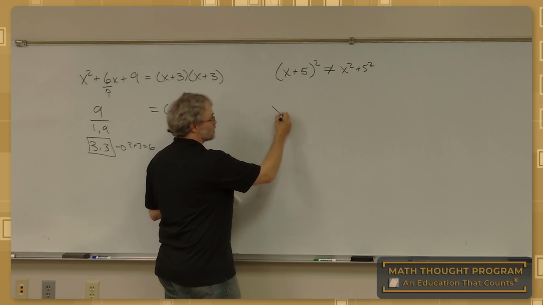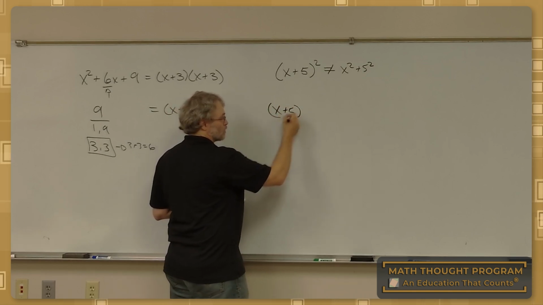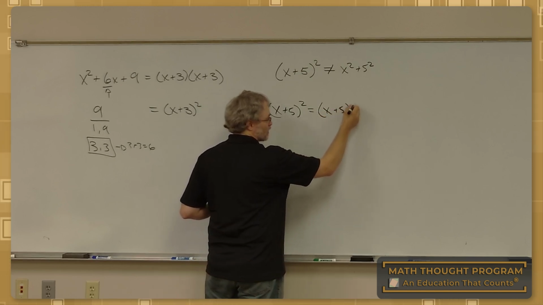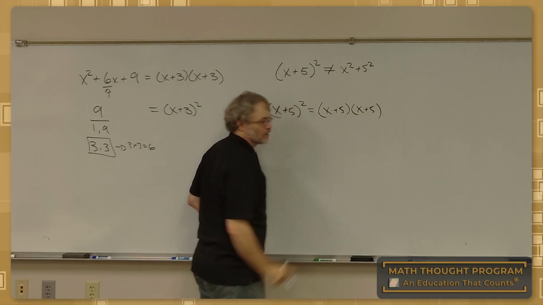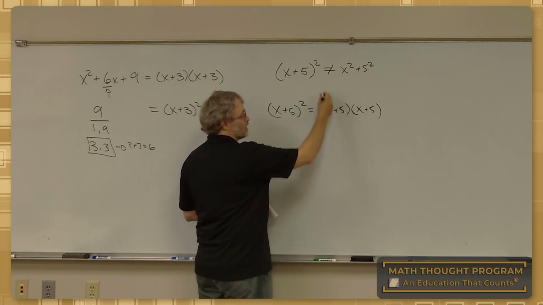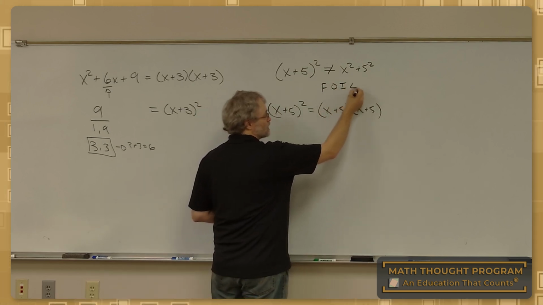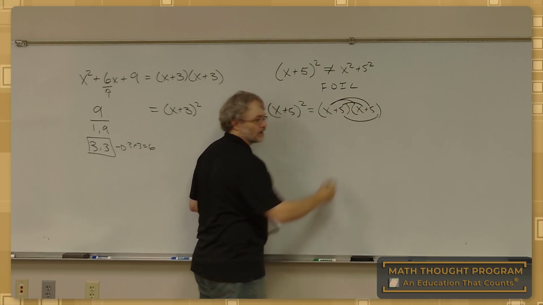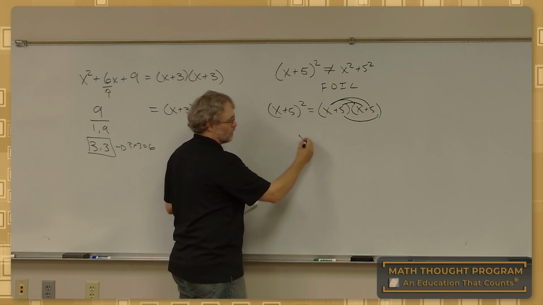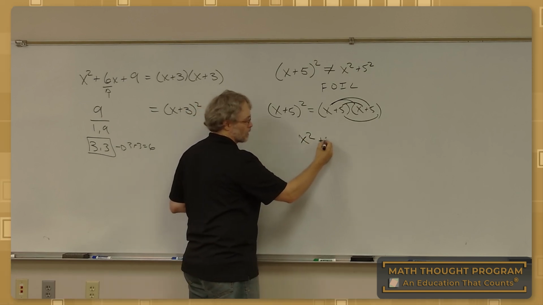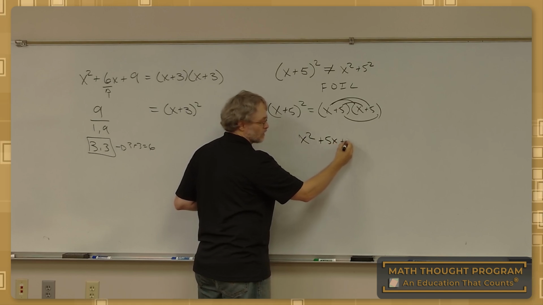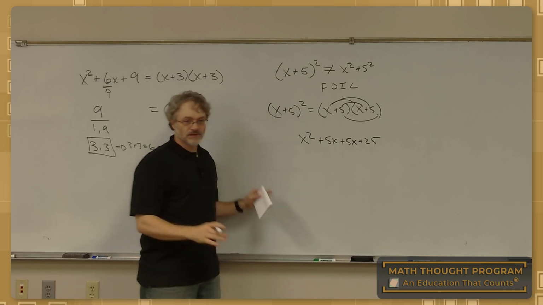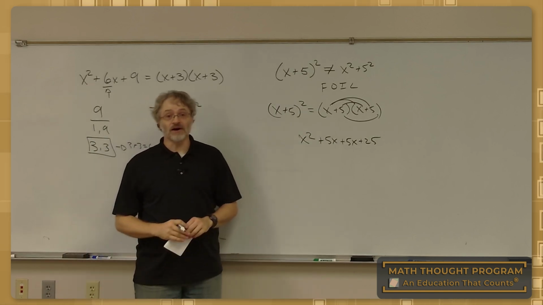If I have x plus 5 all squared, that's x plus 5 times x plus 5. And if I expand out, if I FOIL this thing out, first, outer, inner, last, I'll have x squared, 5x, another 5x, and 25, because 5 times 5 is 25.